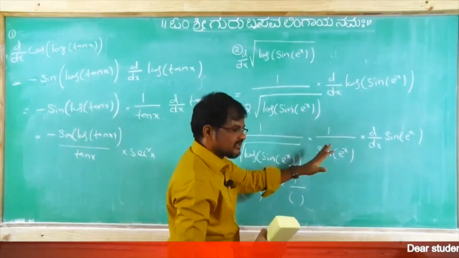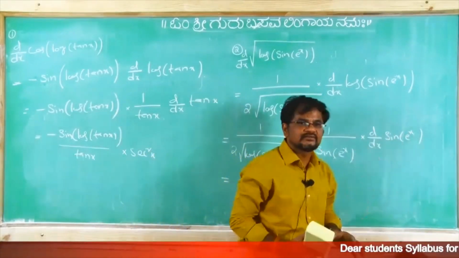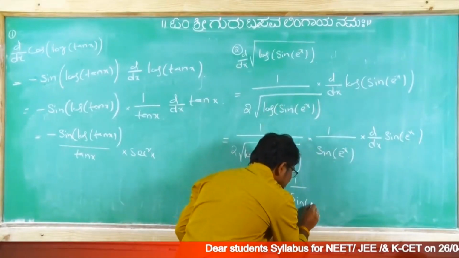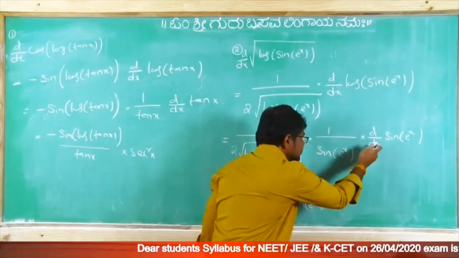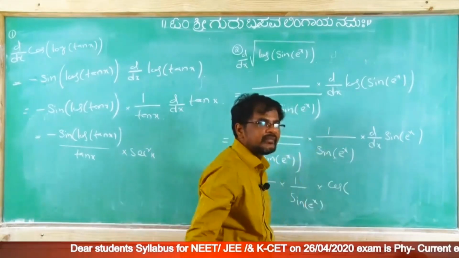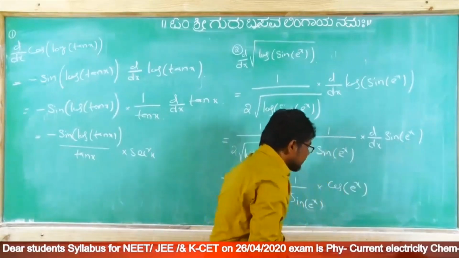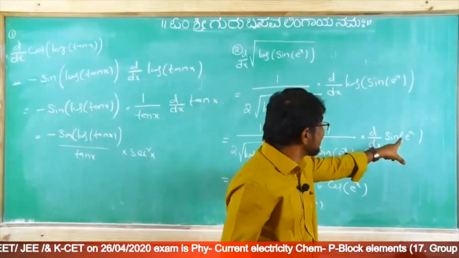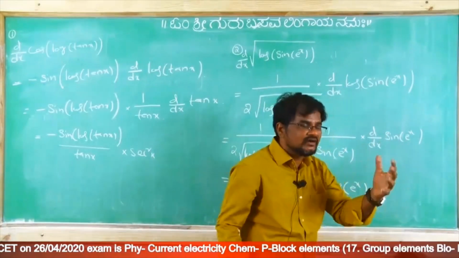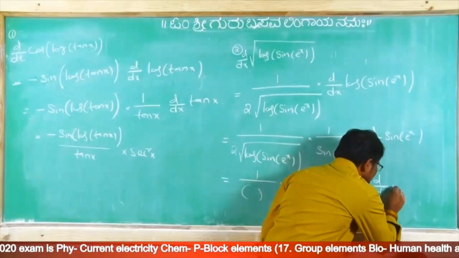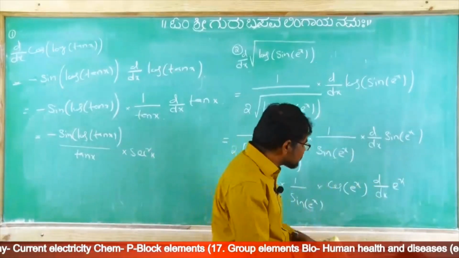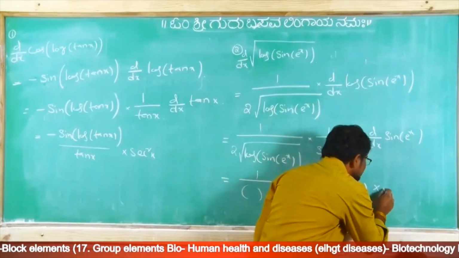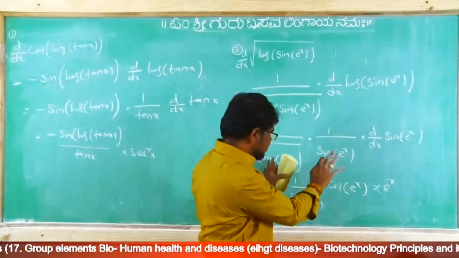Differentiation of sine is cos, so here sine of e power x is there into cos of e power x. Again we have to do the differentiation for one more function, e power x. Differentiation of e power x is e power x only. Now this problem is completed.